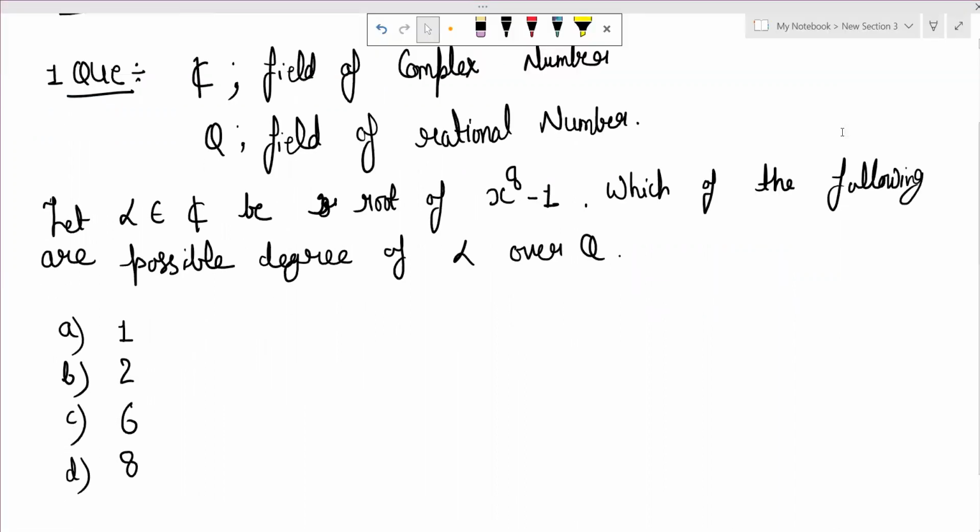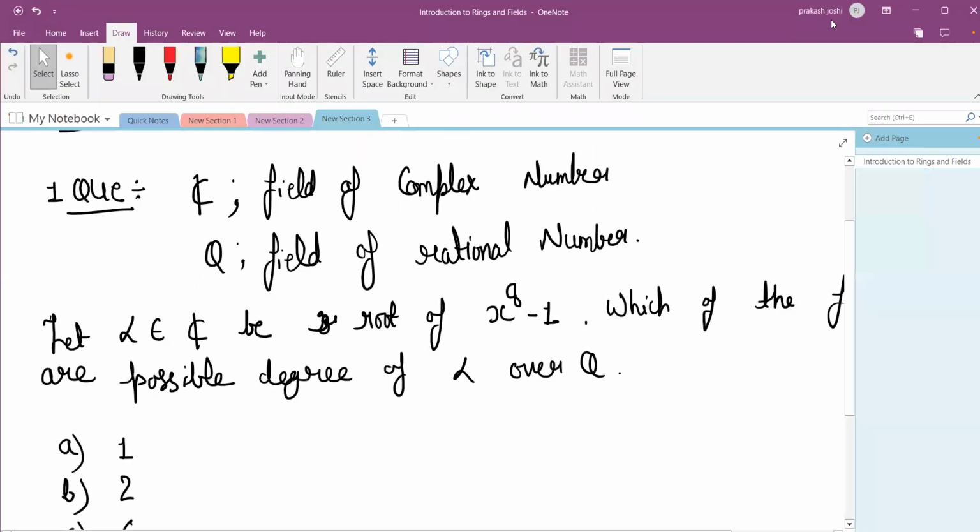So now what is the meaning of saying the degree of an element? Alpha belongs to C, so alpha is a complex number. You are saying the degree of alpha over the rationals. What is the meaning of this? Do you know? Degree of the minimal polynomial over Q satisfied by alpha.